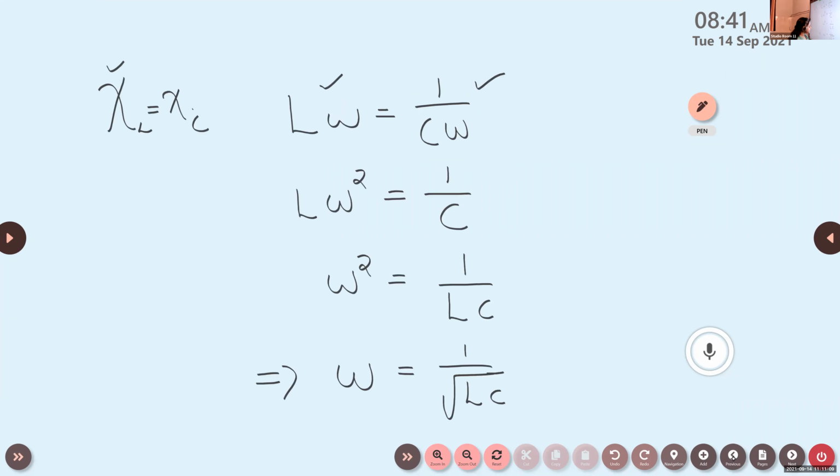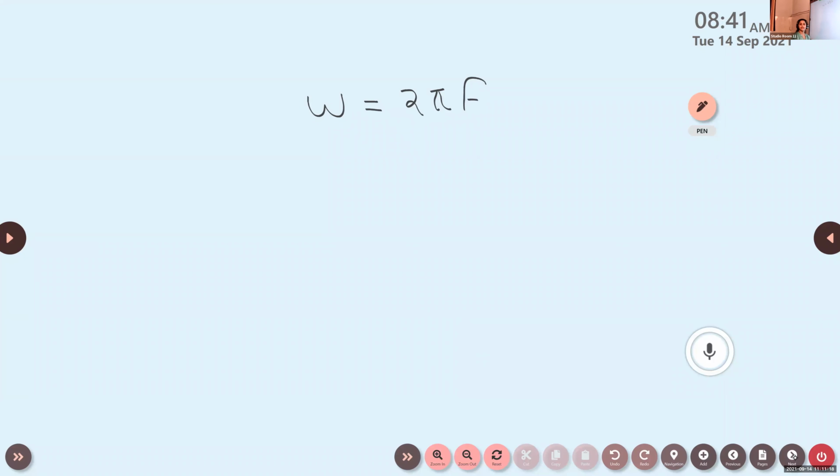So in the previous case, we have an equation for omega: omega is equal to 1 by root LC. And from the relation, we have another equation for omega, that is omega is equal to 2 pi f. So the LHS of these two equations are equal, so we can equate them. Equating the above two equations, we get 2 pi f is equal to 1 by root LC.